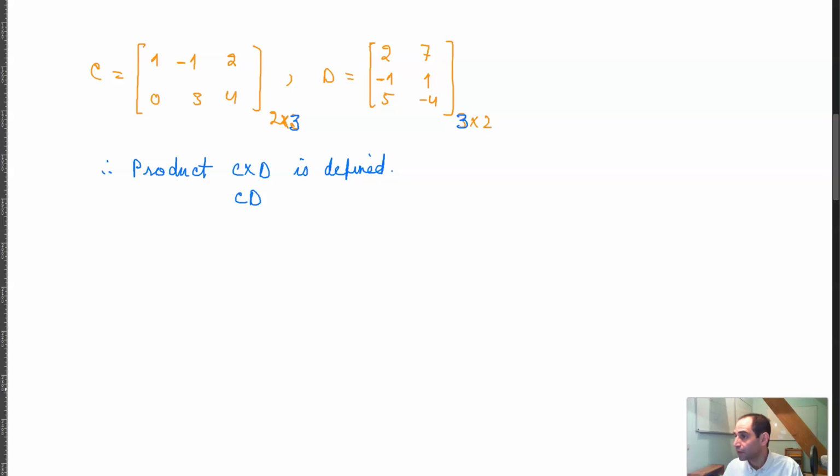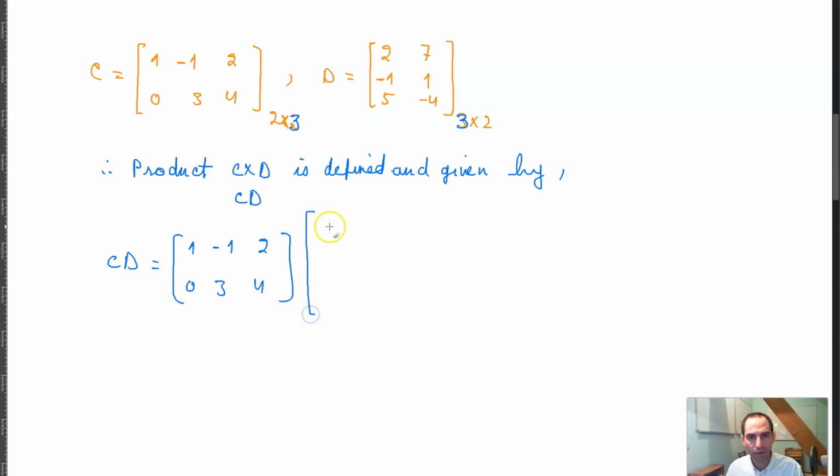And CD is given by this matrix, which is 1, -1, 2, 0, 3, and 4, times this matrix 2, 7, -1, 1, 5, -4. And of course this is going to be a 2 by 2 matrix, the matrix that you get here when you do the multiplication.